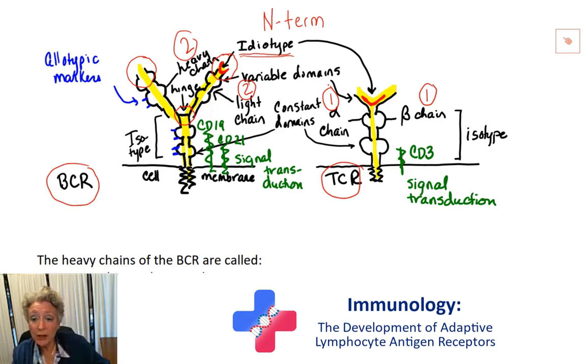Now, because I said to you at the beginning that these are products of a unified superfamily of genes, you should realize that there are analogies in the function of these two sets of molecules. And the beta chain on the T cell receptor is actually going to act quite similarly in our next module when we start talking about rearrangements of the genes that make the cell's receptors unique.